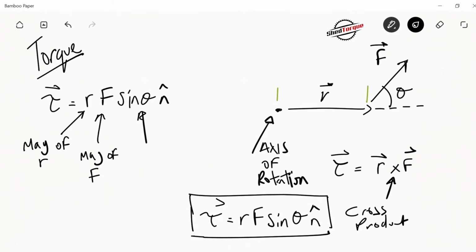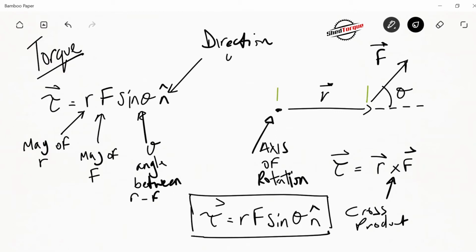Theta is the angle between those two, R and F. If I continued R further out, the angle between them is that. And then n hat, this end one here, this is the direction of the torque.